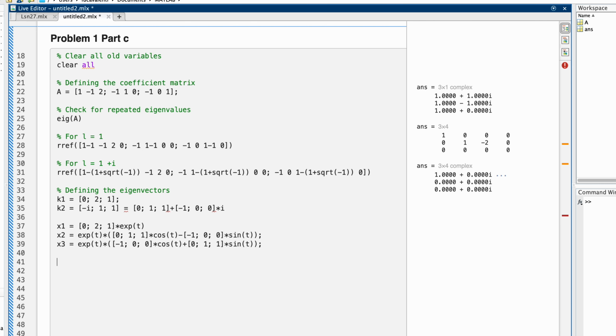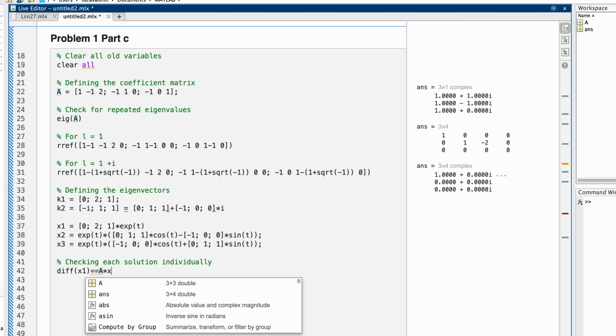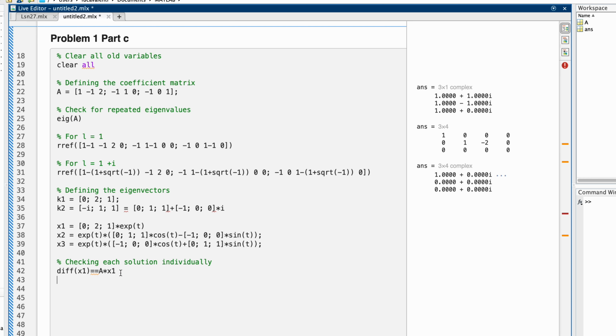Now we want to check each solution individually so that you can see if you got a mistake for each one individually. So let's say that the derivative of x1 has to be equal to A times x1, and all of the other ones too. So x2' has to be equal to A x2, and x3' has to be equal to A x3.